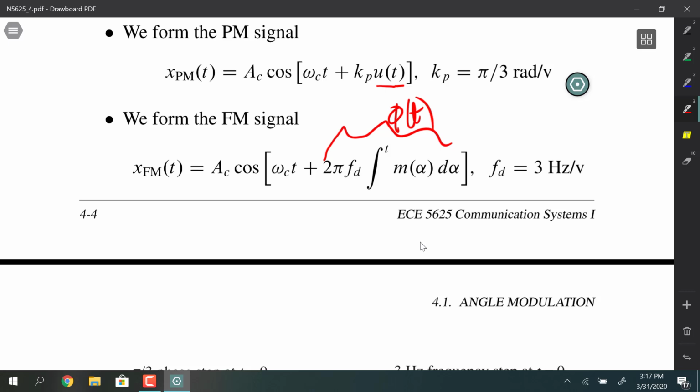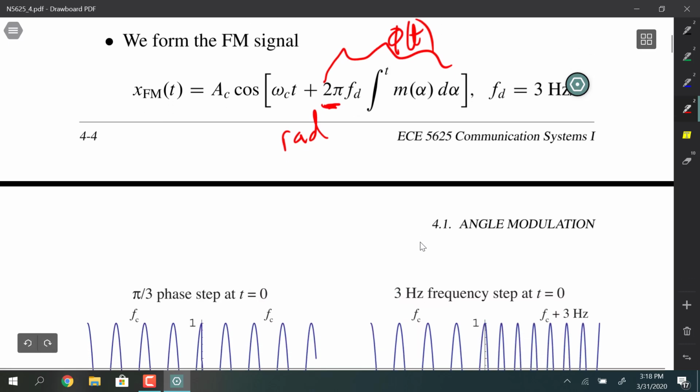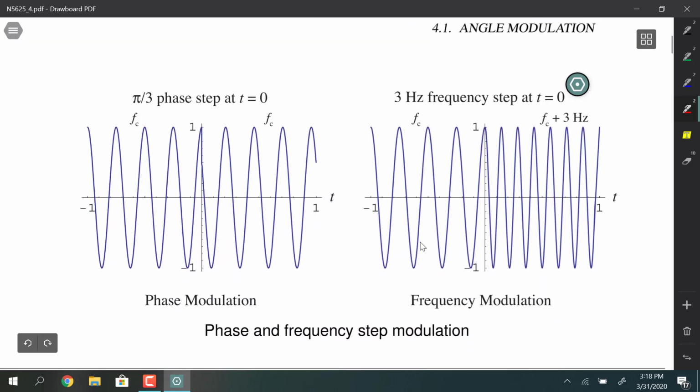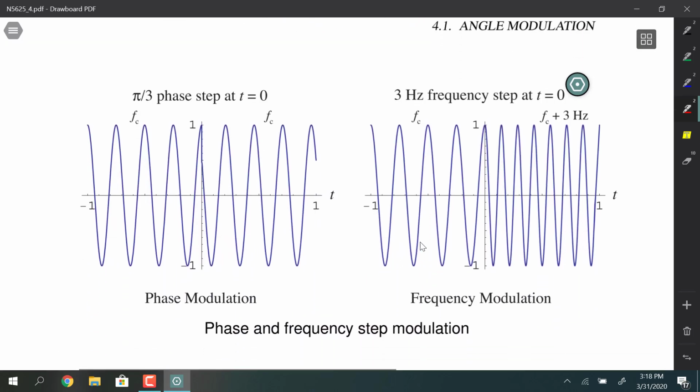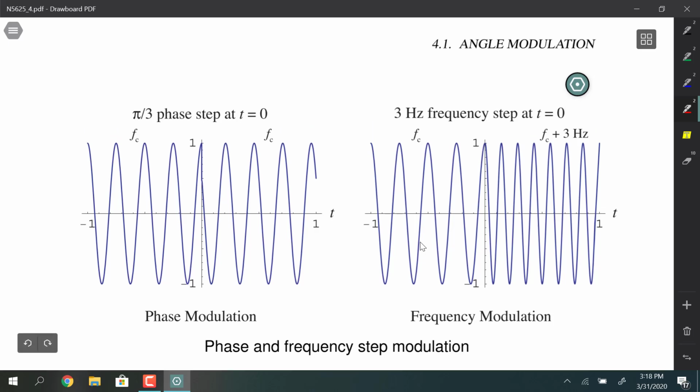I'm using FD, and the radians come through from right in here, because FD has units of hertz per volt, and then we're integrating volts, getting volts again, and converting that to radians. So here's an example of the pi over 3 phase step at t equal to 0, and then a 3 hertz frequency step at t equal to 0.